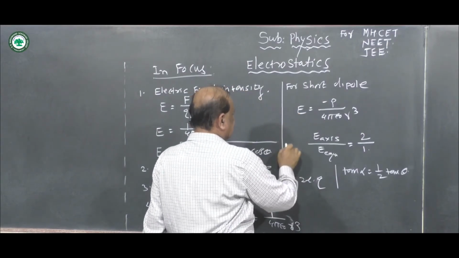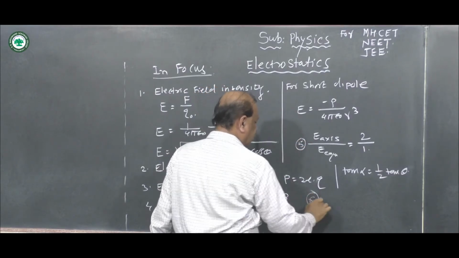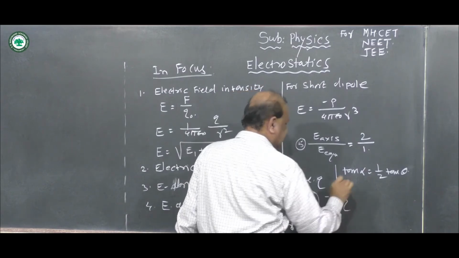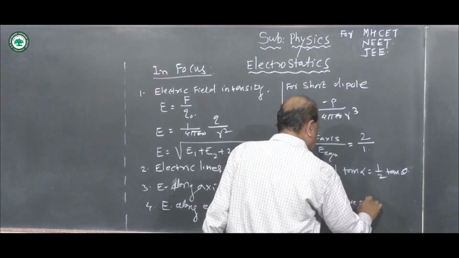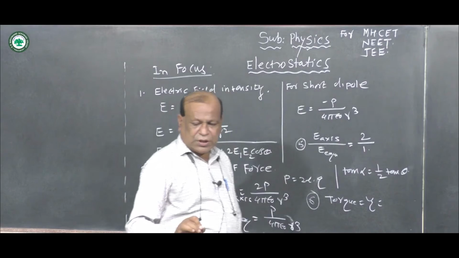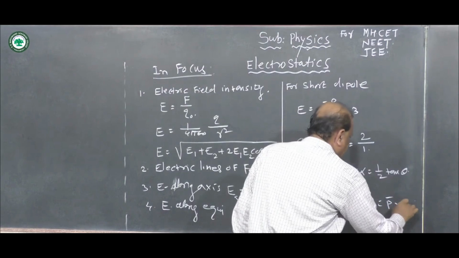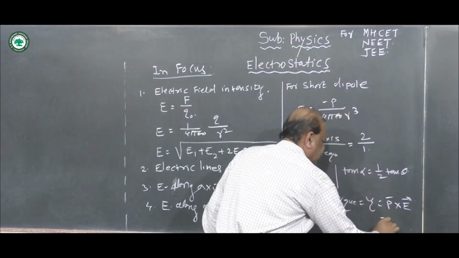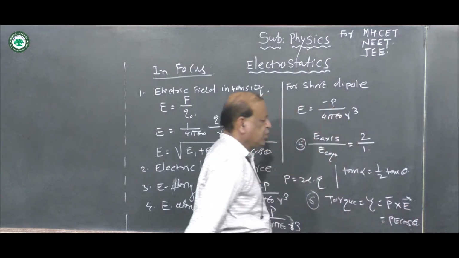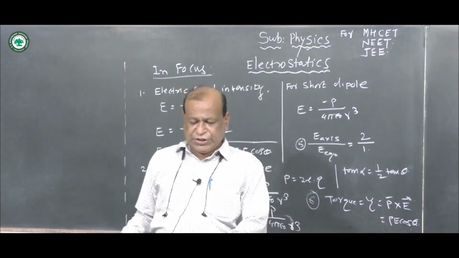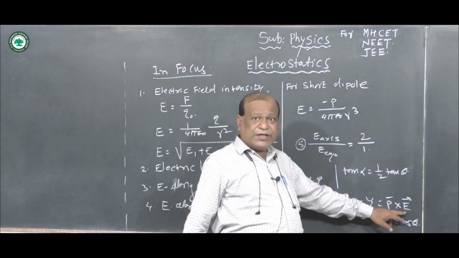Now this is the fifth point, and the sixth point will be torque acting on an electric dipole. That torque tau is equal to P cross E. In vector form, P cross E, where P is the electric dipole moment and E is the electric field intensity.